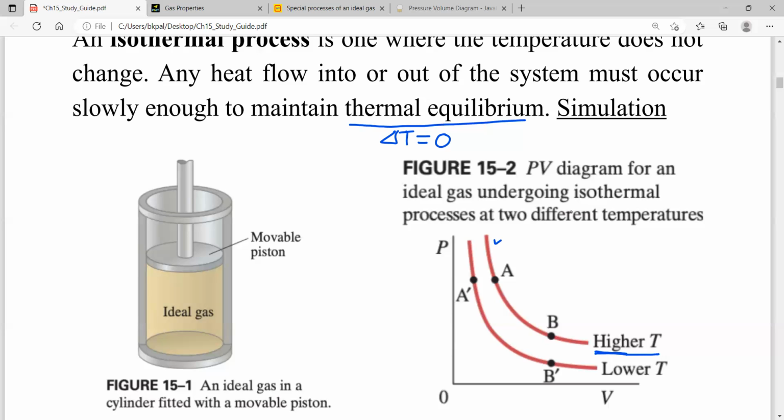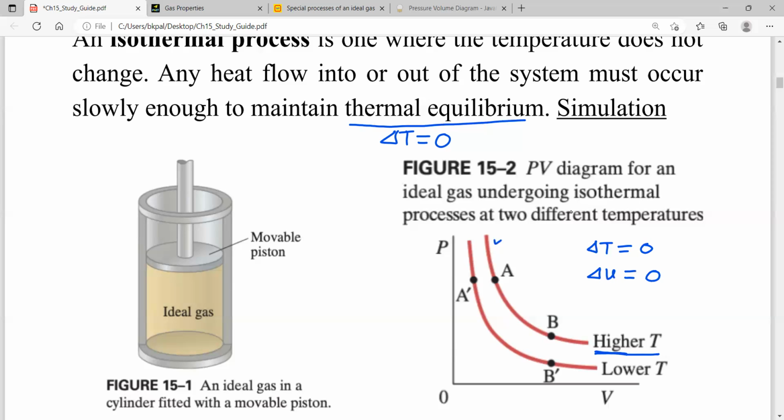All right, now what happens if we keep the temperature constant? If ΔT is equal to 0, then ΔU is also equal to 0, right? Why?